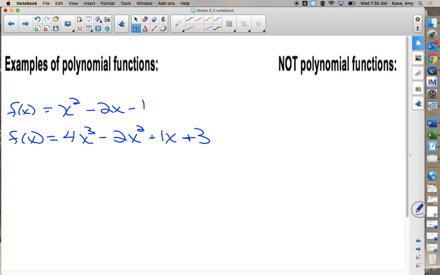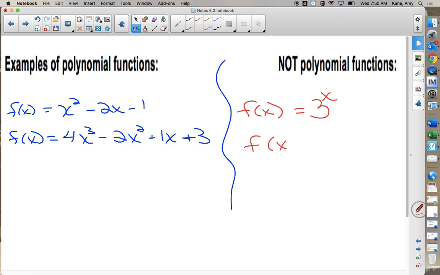Something that wouldn't be a polynomial. So on the other side, sometimes we can have equations that actually have an x as an exponent. We're going to look at those later on, chapter 6 and chapter 7. Those are not polynomials. The exponent could be anything if it's an x.